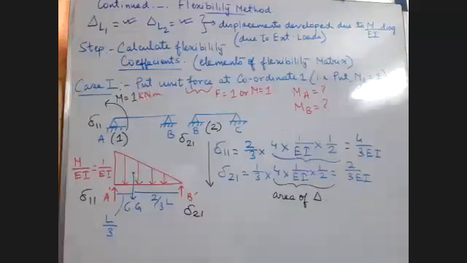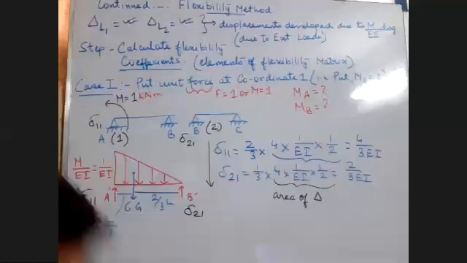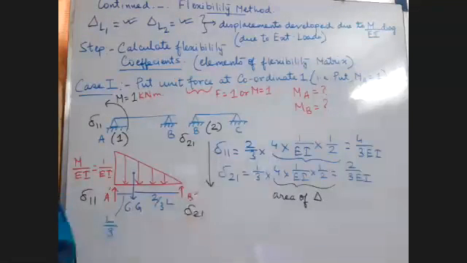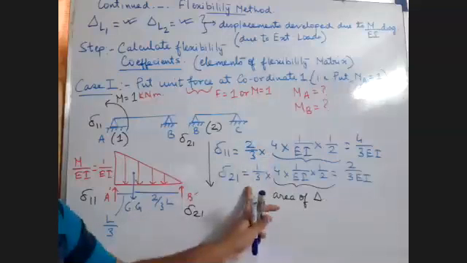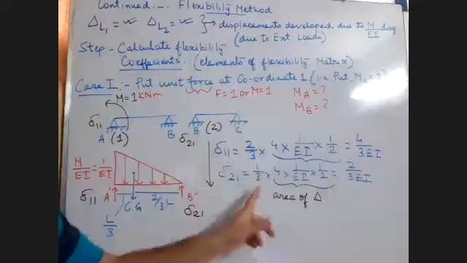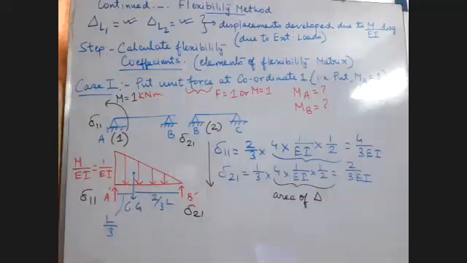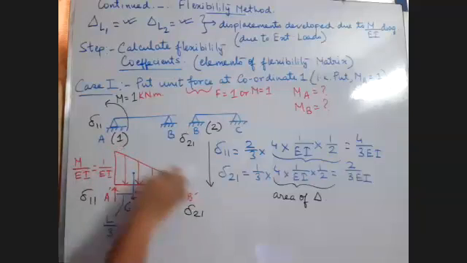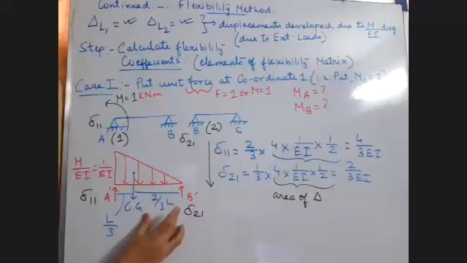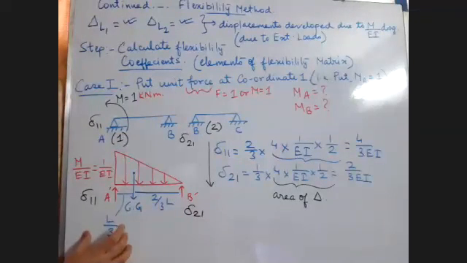You have to remember which distance you will take and how much. It is better you draw the CG diagram. From the CG, for a right angle triangle, this distance is 2/3 L and this portion is 1/3 L.